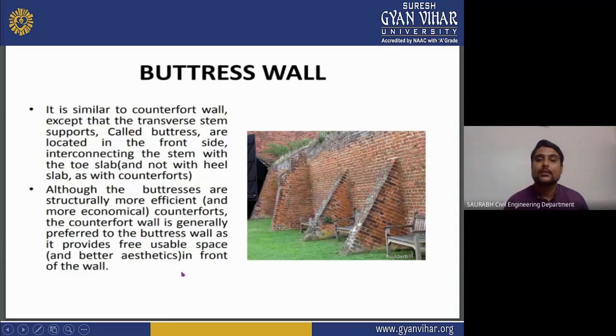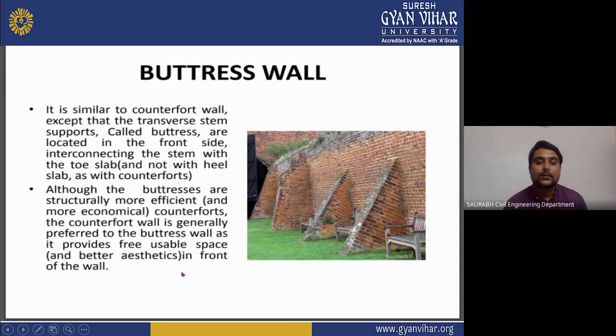Now we will see the buttress wall. This is also one kind of retaining wall. It is similar to a counterfort wall except that the transverse stem support, the buttresses, are located on the front side, interconnecting the stem with the toe slab, not with the heel slab as in the counterfort.